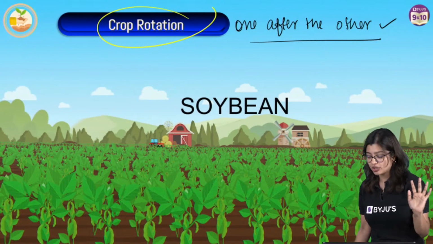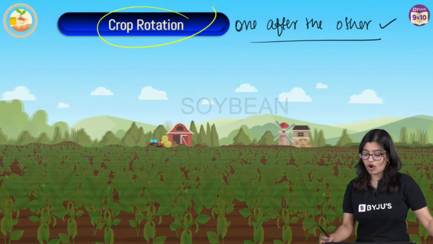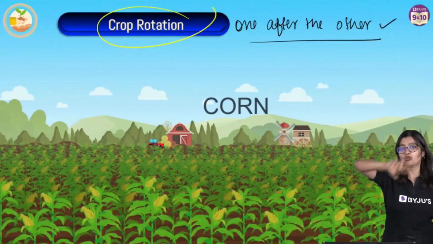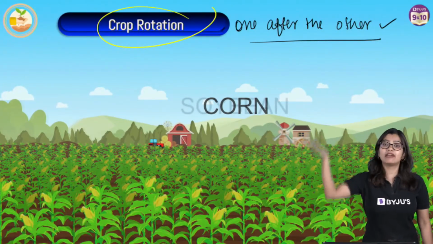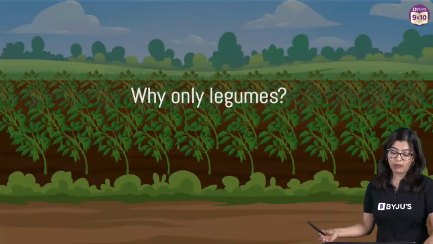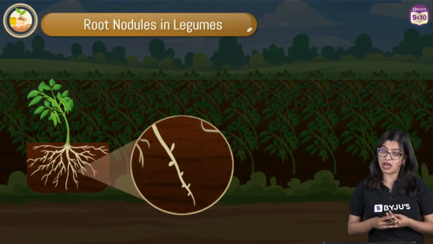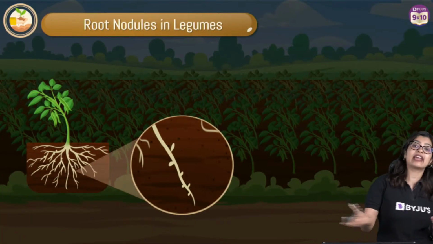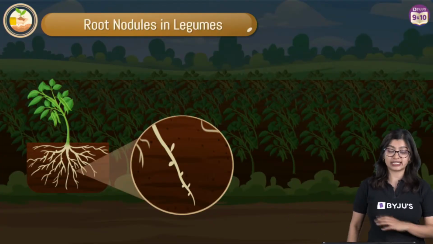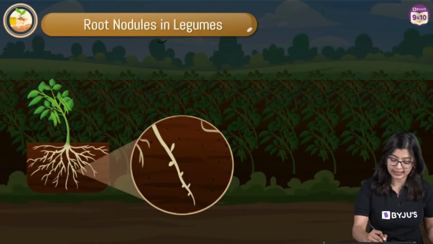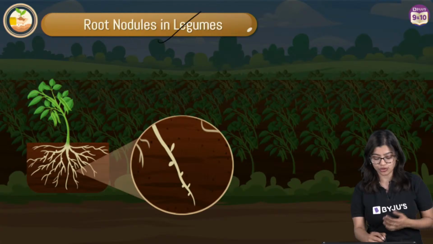In this rotation, we normally see that one will always be a leguminous plant. Why a leguminous plant? Because in the root nodules of leguminous plants, we have rhizobium that enriches the soil with nutrients and nitrogen. Hence, these are what we call root nodules.